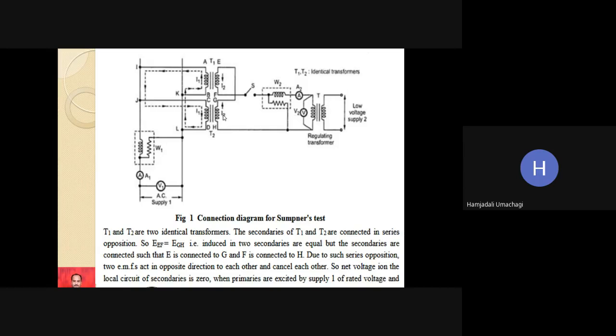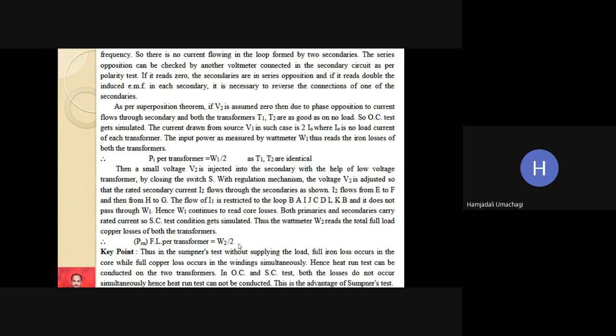That is the meaning. Thus, the wattmeter W2 reads the full load copper loss of both the transformers. That is, PCU FL, the full load copper loss per transformer, is equal to W2 by 2.